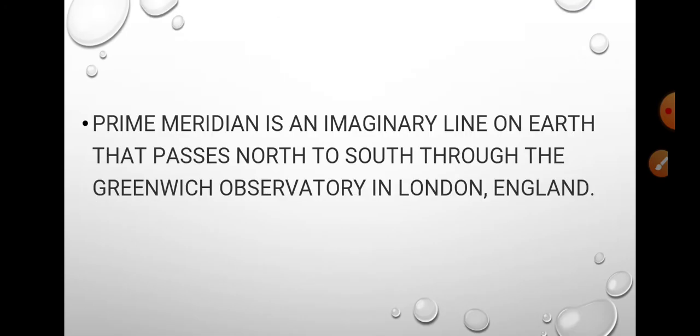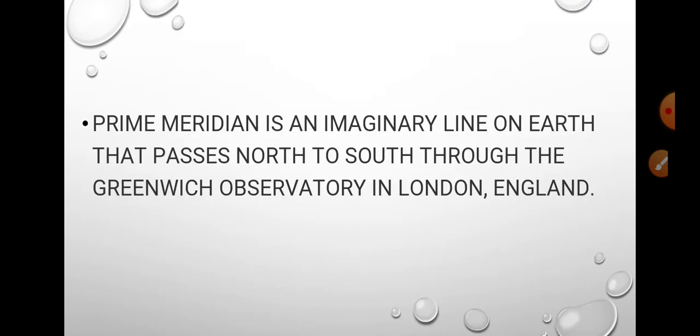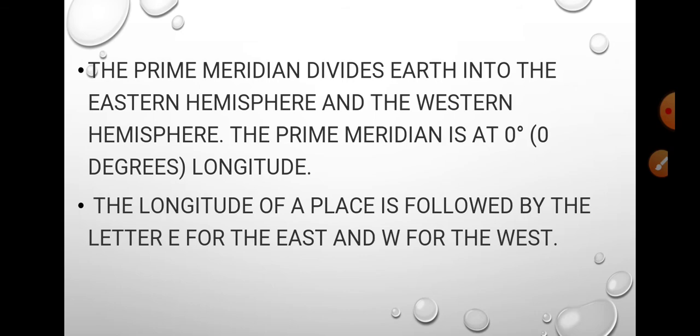The prime meridian is an imaginary line on earth that passes north to south through the Greenwich Observatory in London, England. See, this is the red line shown. It is the prime meridian. The prime meridian divides earth into the eastern hemisphere and the western hemisphere.